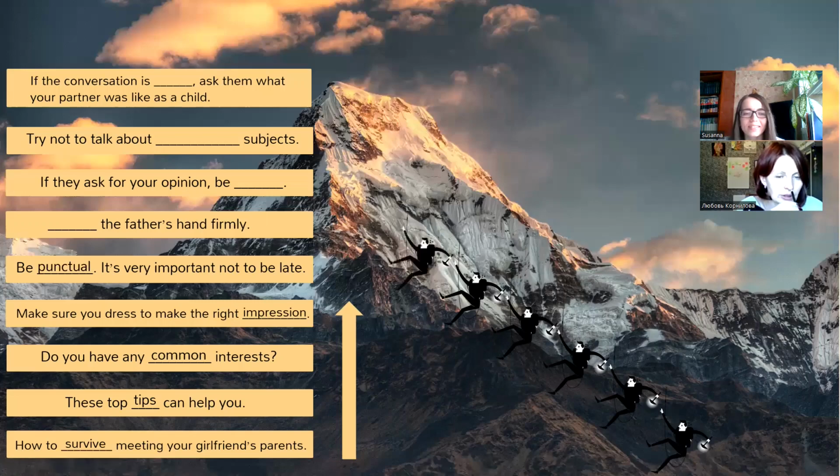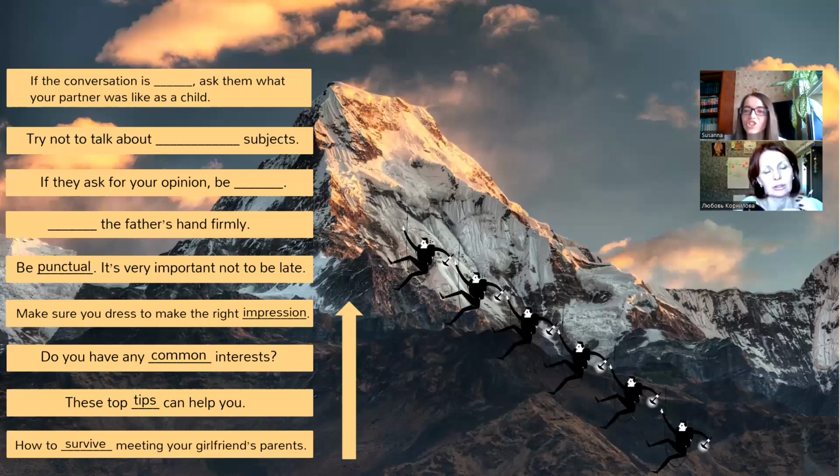The father's and family. What do you need to do with the father's hand? Handshake. Yeah, it's a noun.